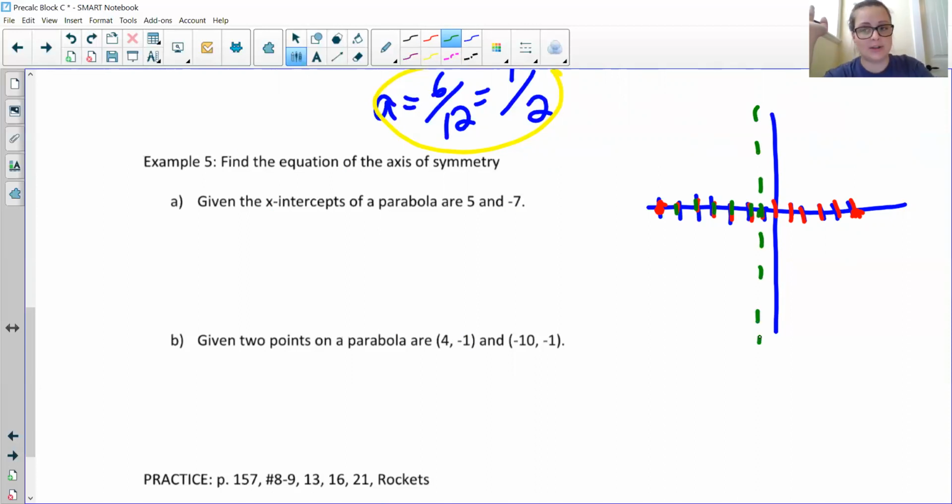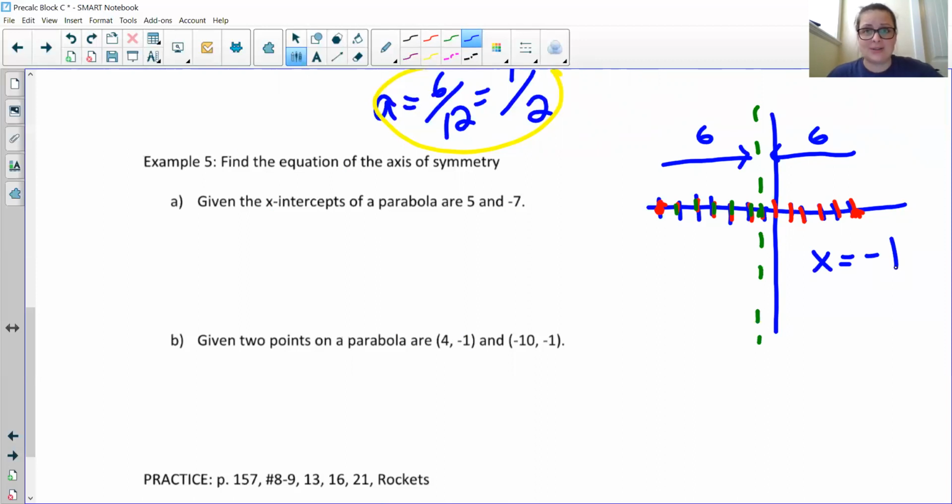We don't know anything else about this parabola, so we don't know if the vertex is above or below the x-axis. We don't know that, but we know it's somewhere on that green dotted line. We know also that it was 6 this way and 6 this way, and from the graph we can tell that this occurs when x equals negative 1. But as you can imagine, that sometimes is really hard to find by graphing.